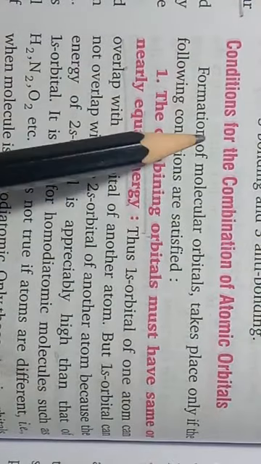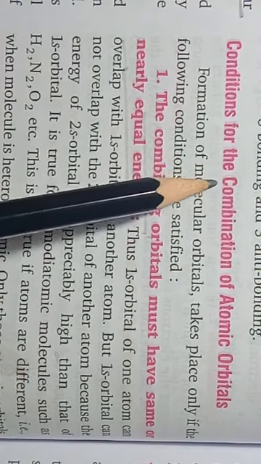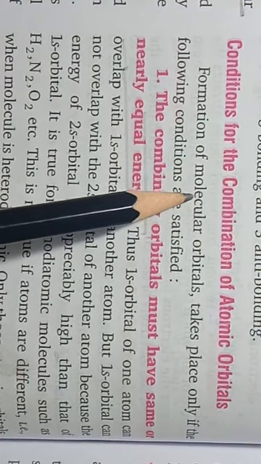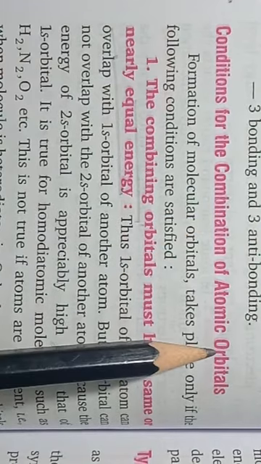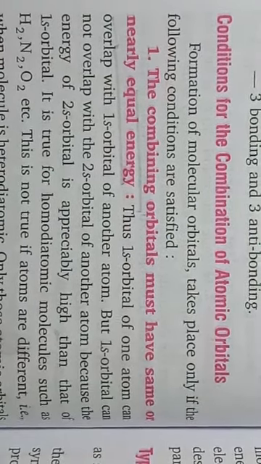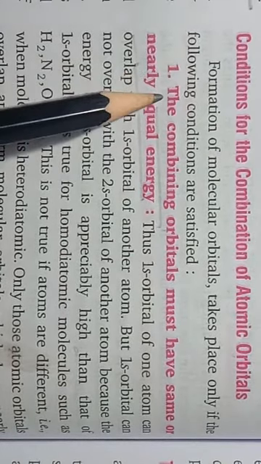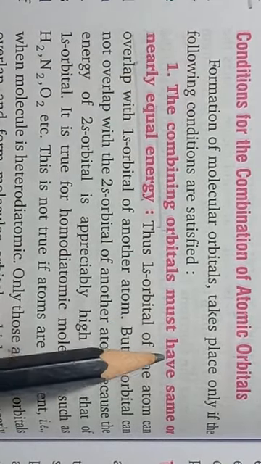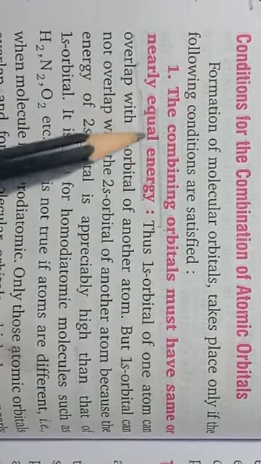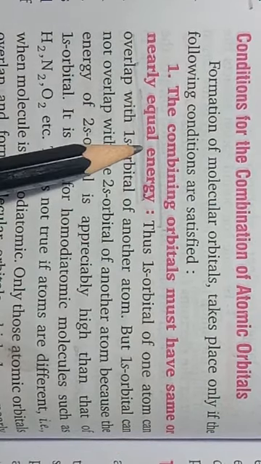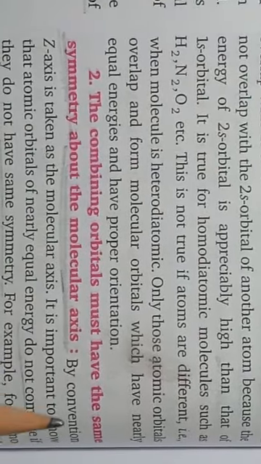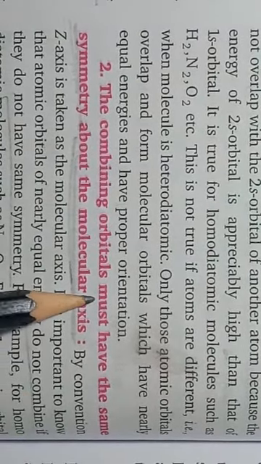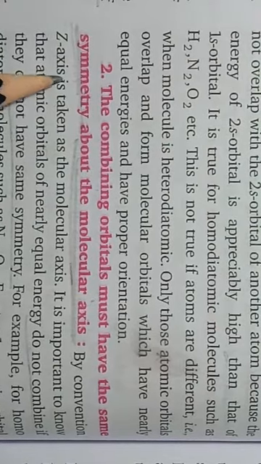Now, when two atomic orbitals can be combined with each other, this we will discuss under the heading conditions for the combination of atomic orbitals. The few most important conditions are: the first one, the combining orbitals must have the same or nearly equal energy. Then the second point, the combining orbitals must have the same symmetry.